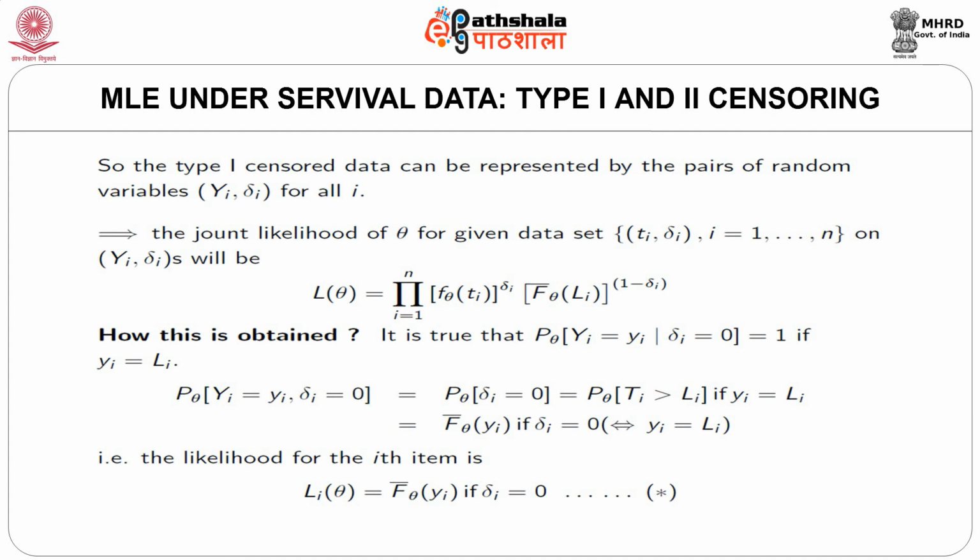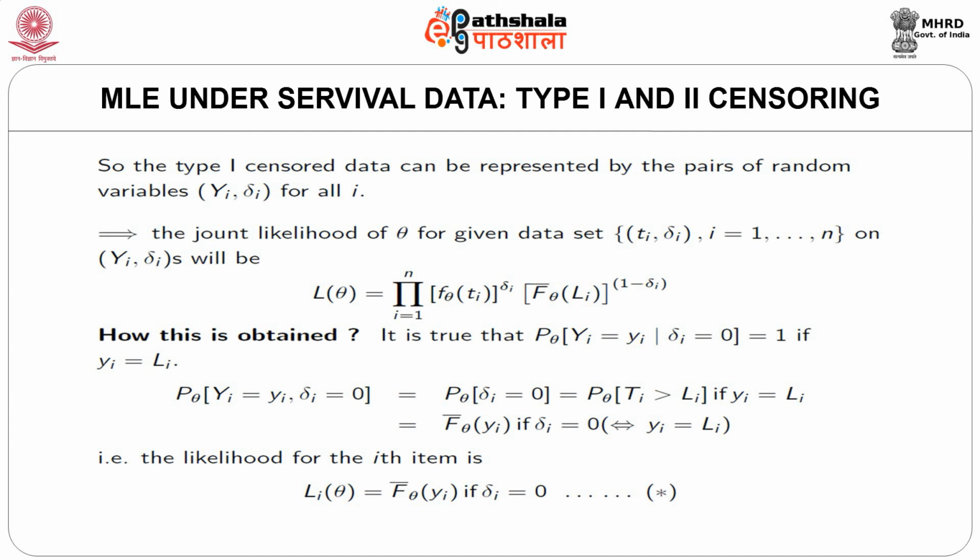Now the question is how this is obtained. It is true that probability that capital Yi takes the value small yi given delta i equal to 0 must be equal to 1 provided small yi is equal to capital Li.